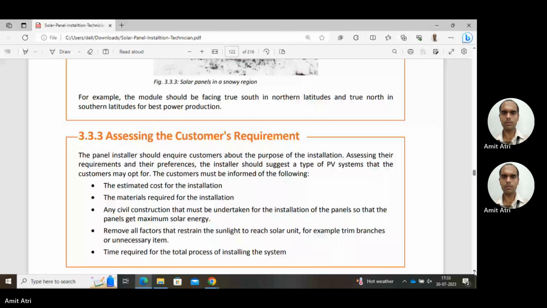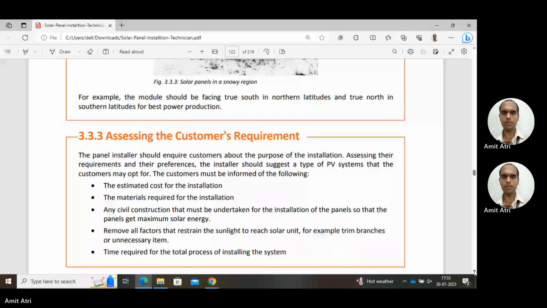So what are the factors about which the customer should be informed? First is the estimated cost of the installation. Next is the material required for installation. Next, any civil construction that must be undertaken so that the panel gets maximum solar energy. Then remove all factors that restrain sunlight from reaching the solar unit.